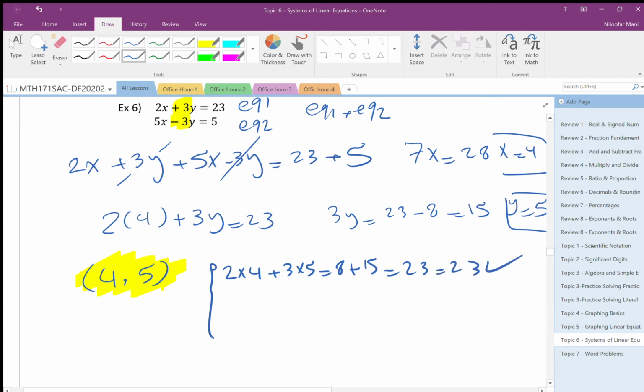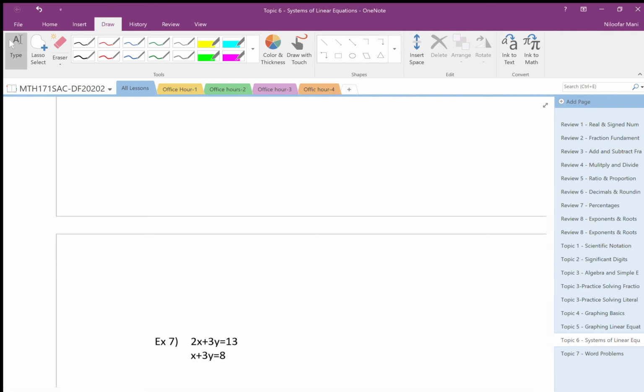Yes. I check both of them. So 5 multiplied by 4 minus 3 multiplied by 5 equals 20 minus 15 equals 5, equals 5. Yes. Perfect.